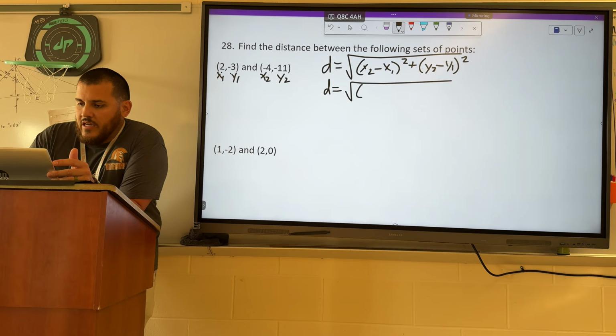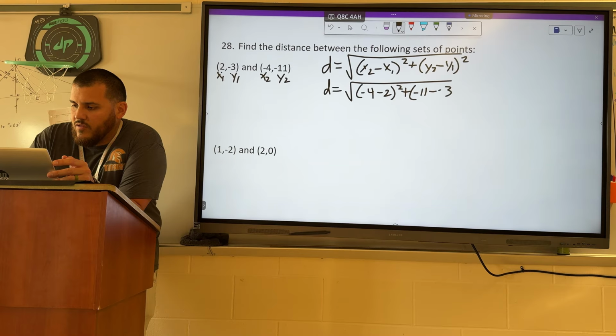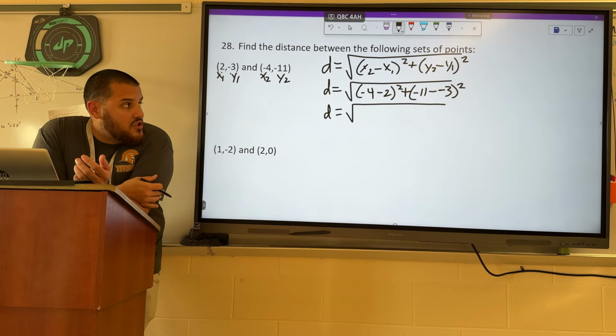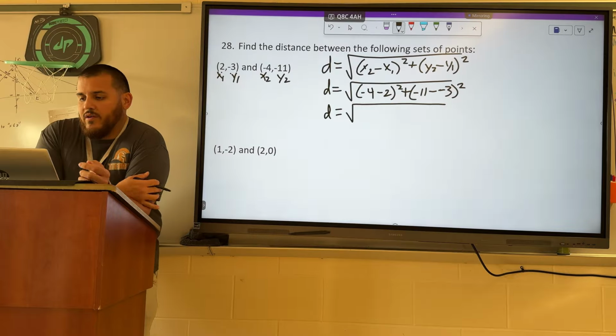So x2 is -4 minus x1, which is +2, squared, plus y2, which is -11, minus y1, which is -3, squared. From there, we can clean up any signs or do those operations in the parentheses with our order of operations here.